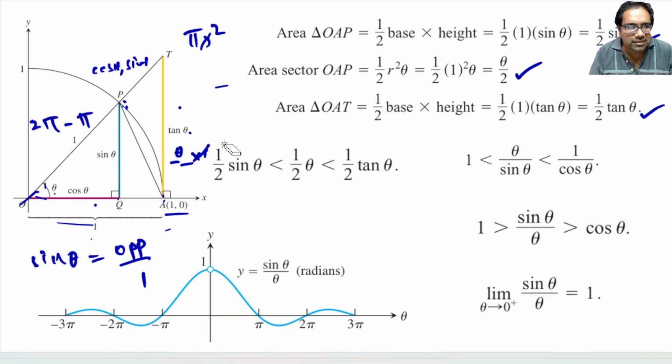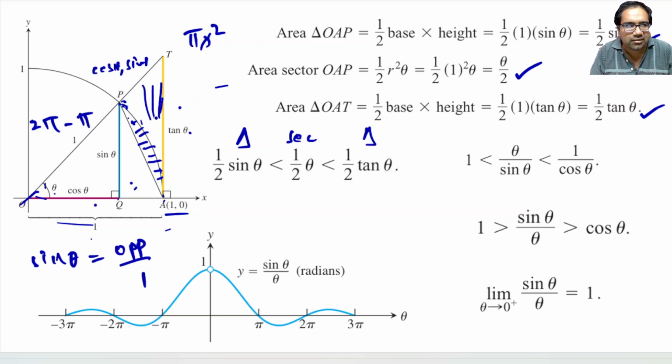Now, we can clearly see this triangle OAP. This triangle's area is lesser than this sector OAP, right? Obviously, because this part is more in the sector. So this triangle is lesser than the sector, then again the bigger triangle.